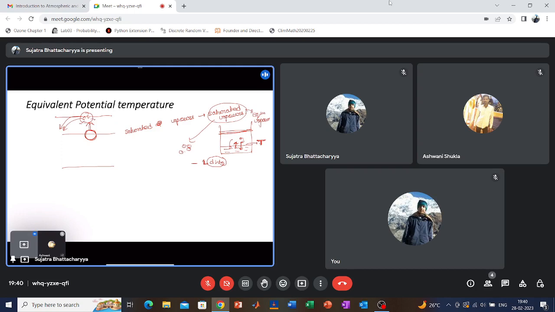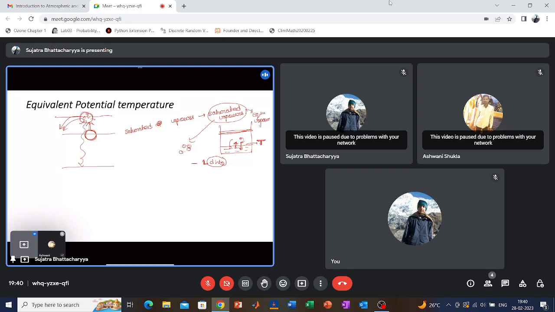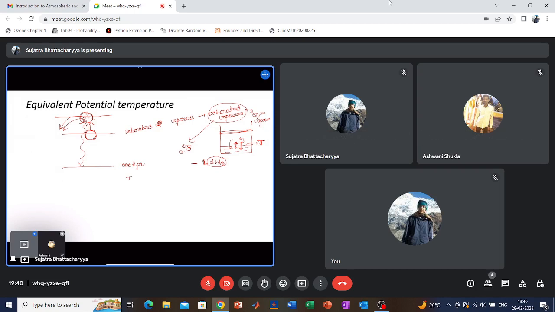So that's why it is not a complete adiabatic, but a pseudo adiabatic process. Now if I take this parcel back to the 1000 hectopascals level, the temperature it attains is known as the equivalent potential temperature, theta E.